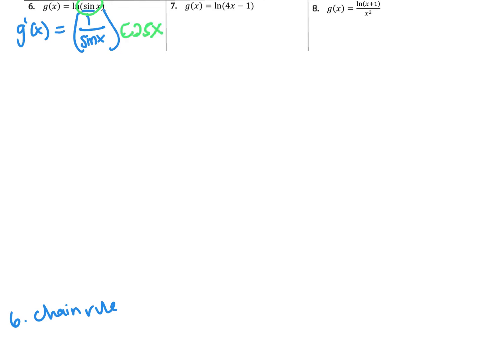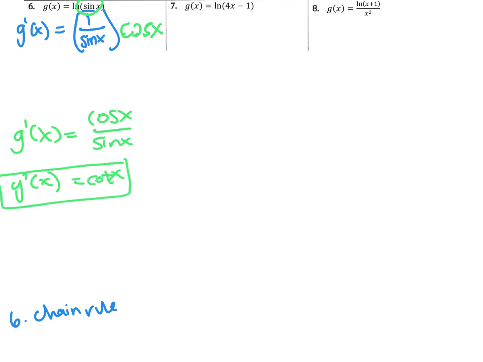So this is cosine of x over sine of x, which we know just simplifies to be, and actually you could leave it as cosine of x over sine of x, but it is good to remind ourselves that is the same thing as cotangent of x. Looking at number 7, I again have a chain rule situation, so 7 is also a chain rule.